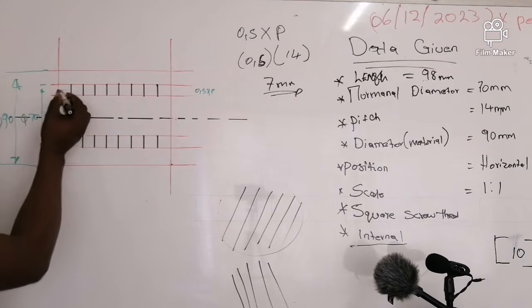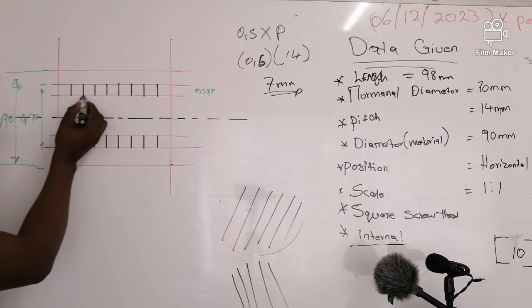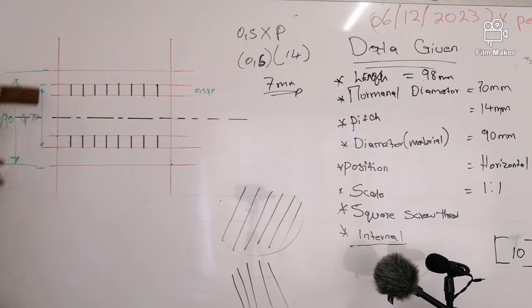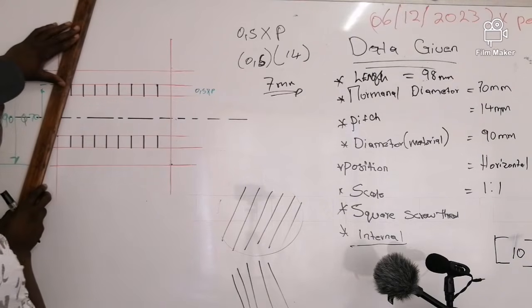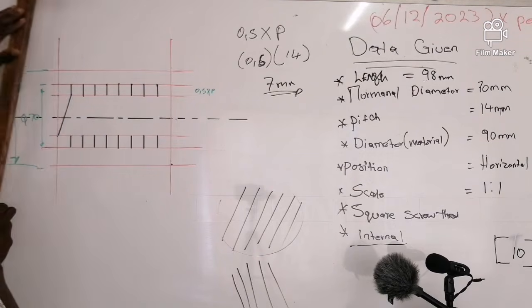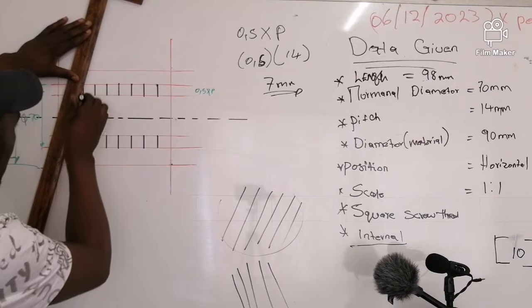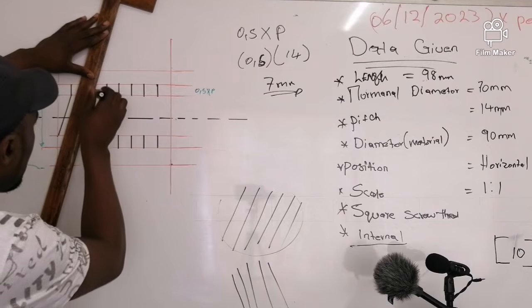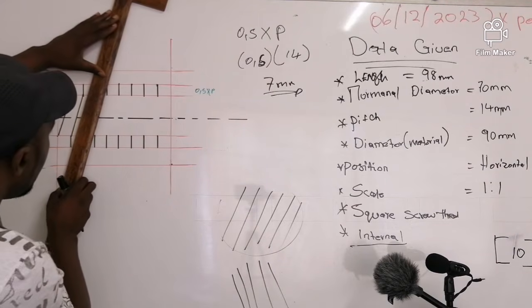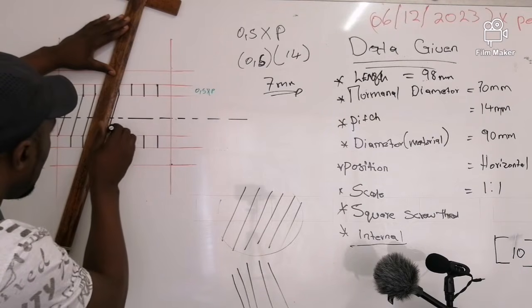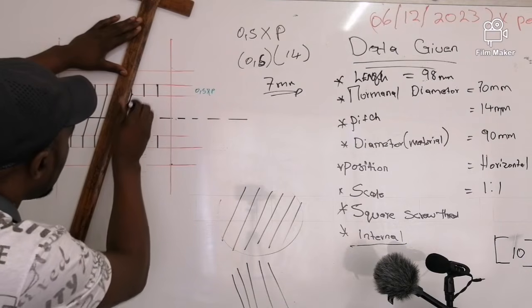So if this is my first point, second point, third point, and so forth, and again down, first point, second, third, fourth, I'm going to join the second point with the first point there. How? Like this. There we go.